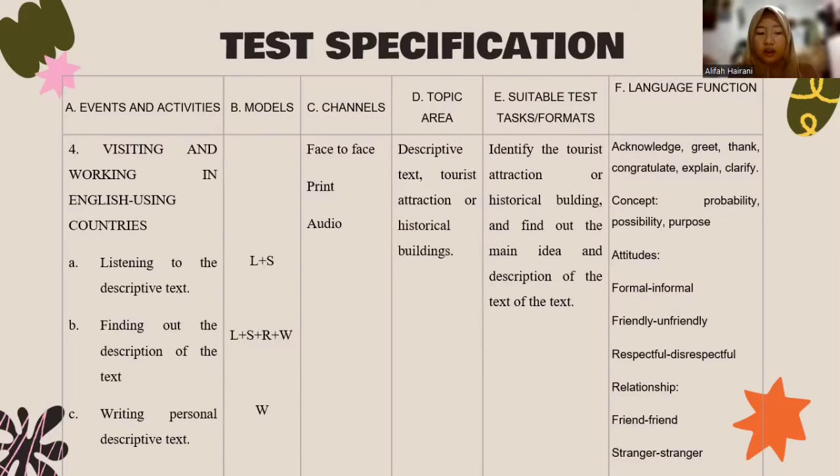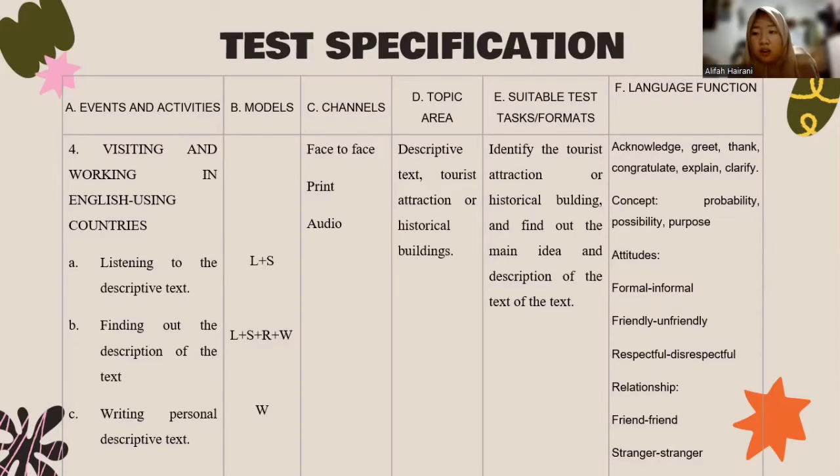For finding out the description of the text, we use four skills: L plus S plus R plus W, which means listening, speaking, reading, and writing. We combine them for the second activity.